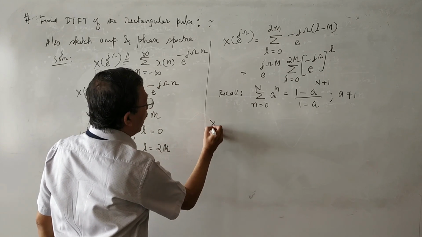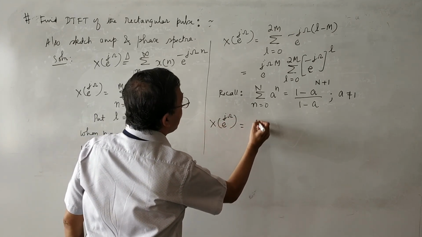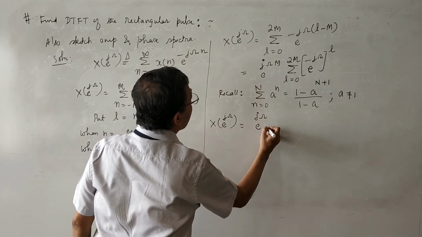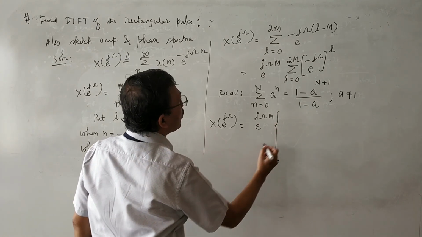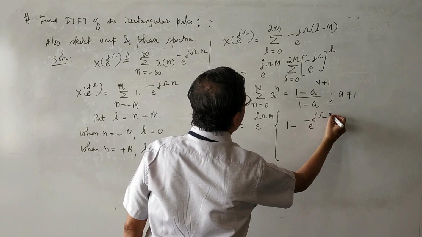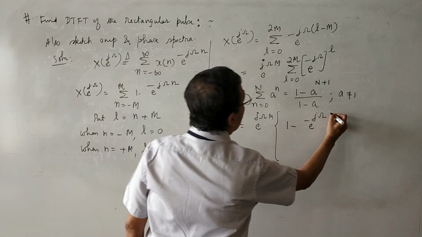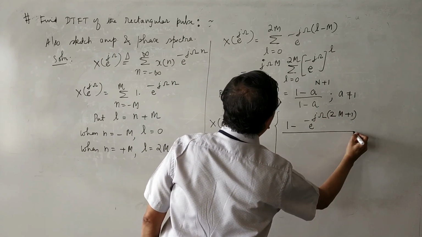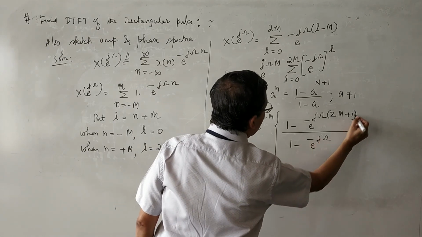That gives us X of e to the power j omega is equal to e to the power j omega m into 1 minus e to the power minus j omega (2m plus 1) divided by 1 minus e to the power minus j omega.